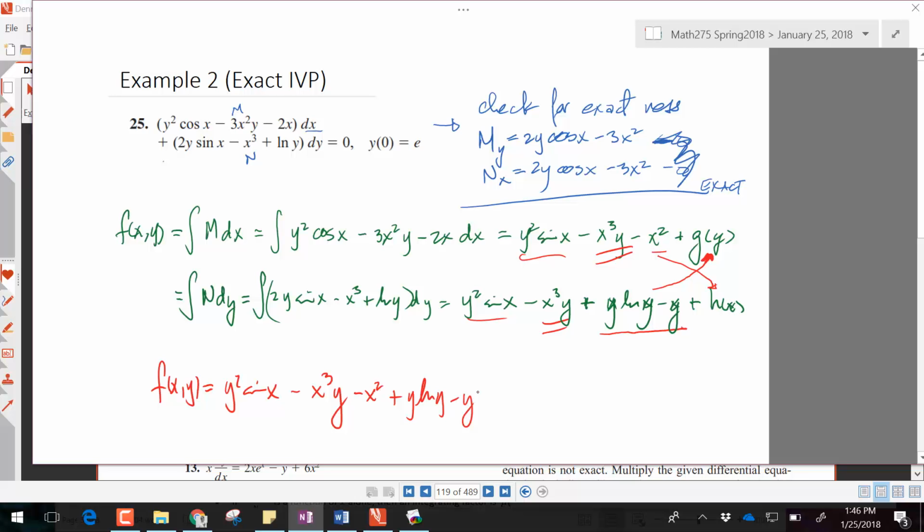Okay. Now this is not your answer to your differential equation, right? This is just the function that we found. Now the answer to your differential equation is this function equal to a constant.